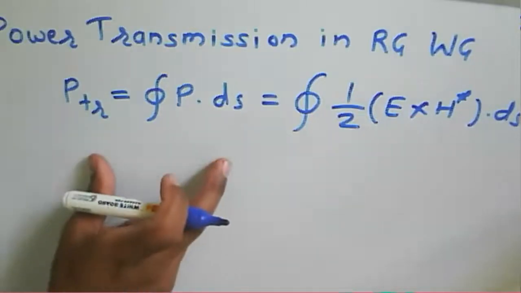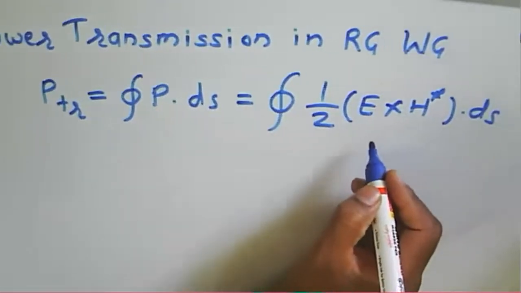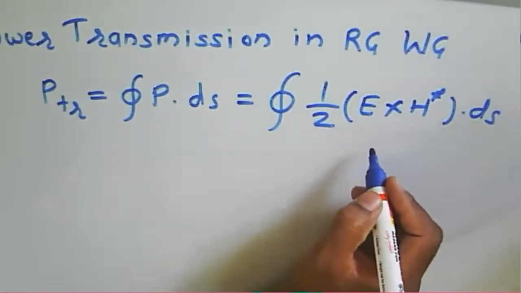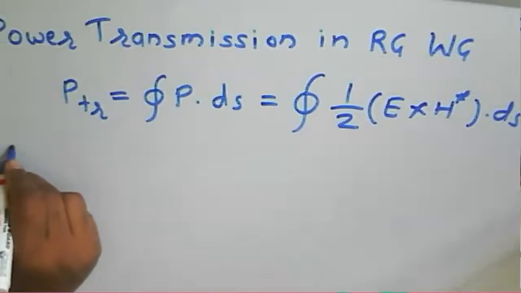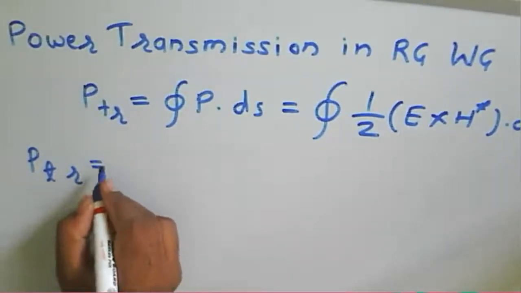So what will be the power transmitted through the guide? We can write it in terms of the field component, electric or magnetic field component, directly here. So we will rewrite the equation of power transmission.